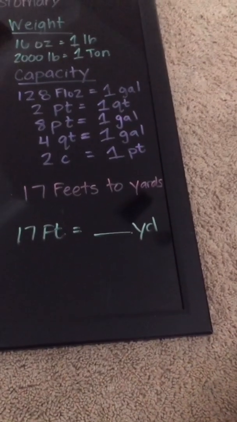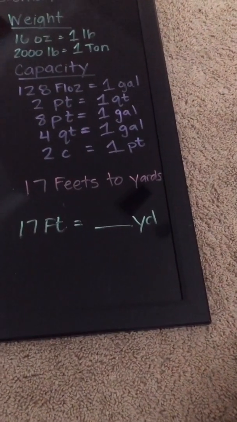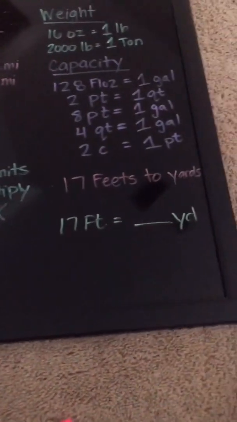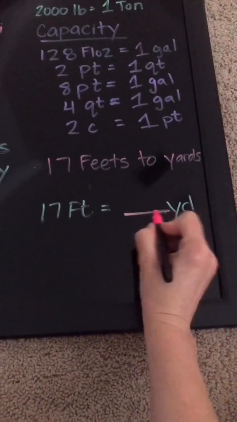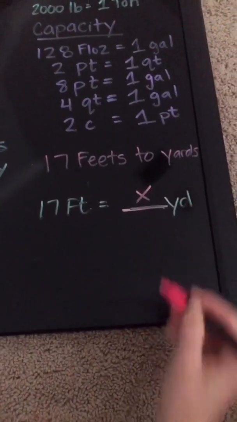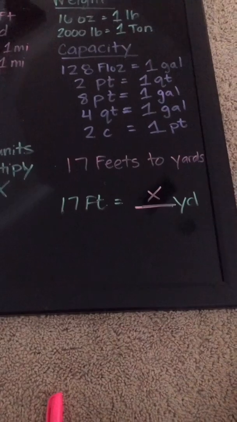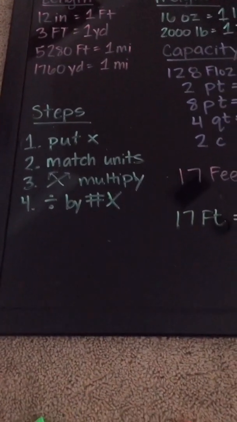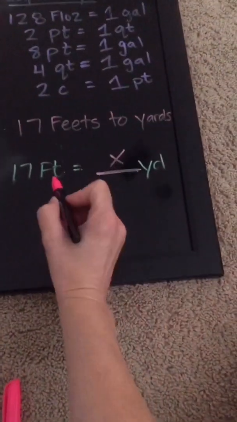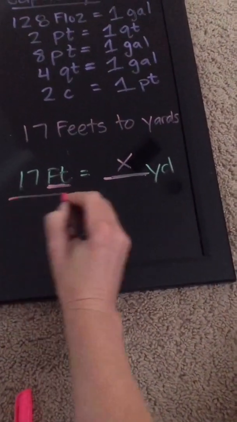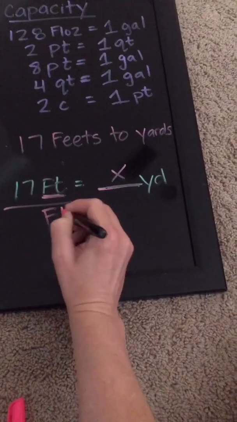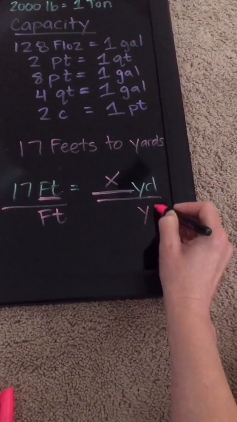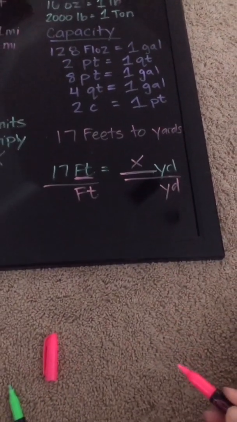If I look back at my steps, step 1 is for me to put in X. So at my blank here, I'm going to put in this variable, X. Now, step 2 is to match my units. Well, I'm working with feet, so I know that I have to have feet underneath there, and then I have yards on the other side, so I know that I need yards on the other side.